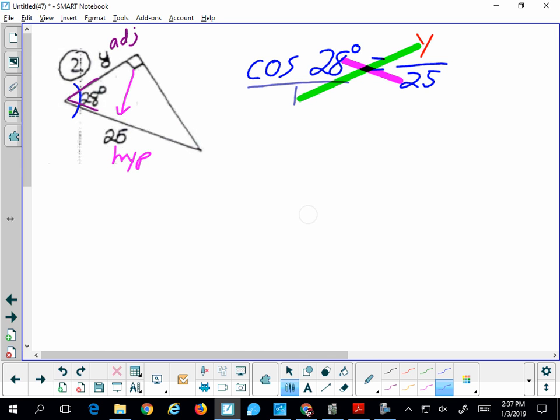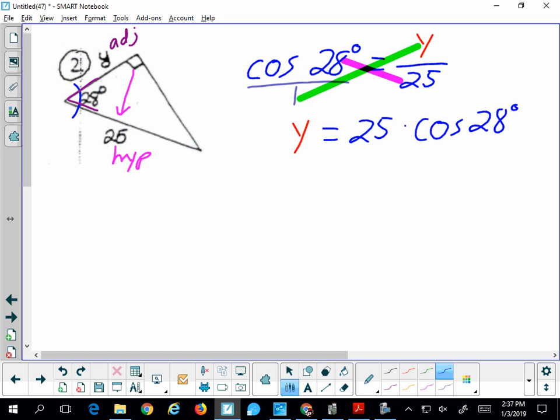By cross multiplying, that gives me an equation that I can solve for y. If I multiply across with the green highlight, I have 1 times y, which is simply y, equals, and multiplying across with my purple highlighter, I have 25 times cosine 28 degrees.